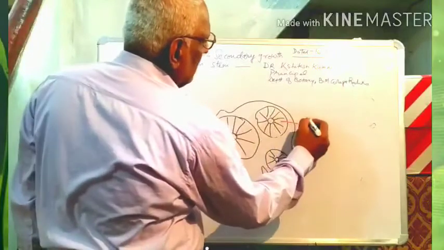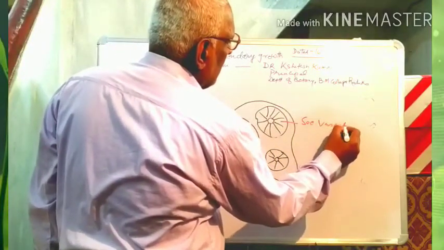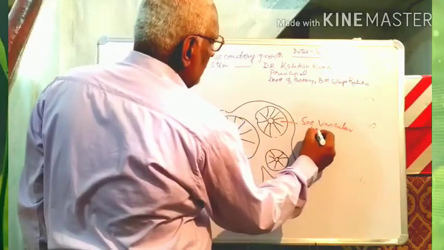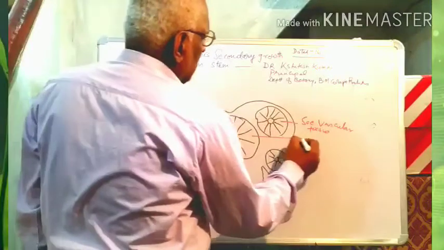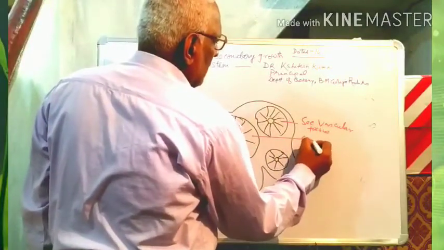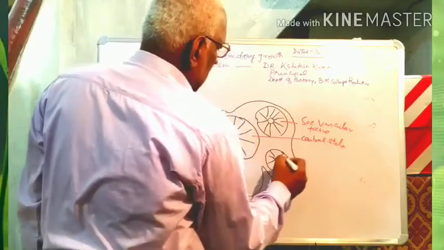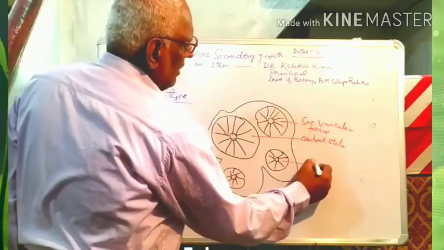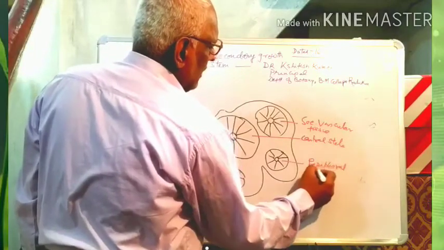Here is the secondary vascular tissue. This is the central stele, and these are the peripheral steles.